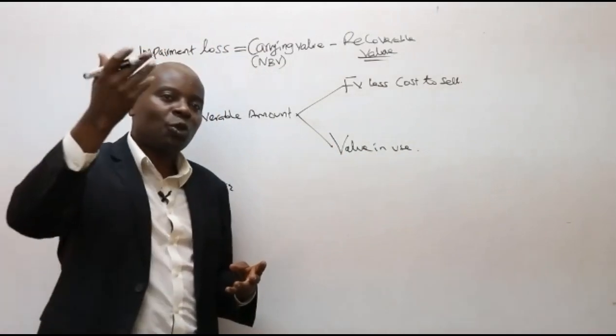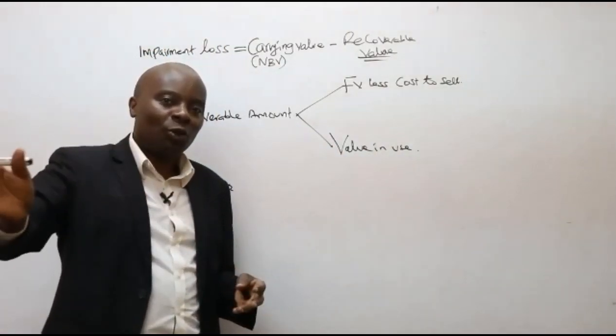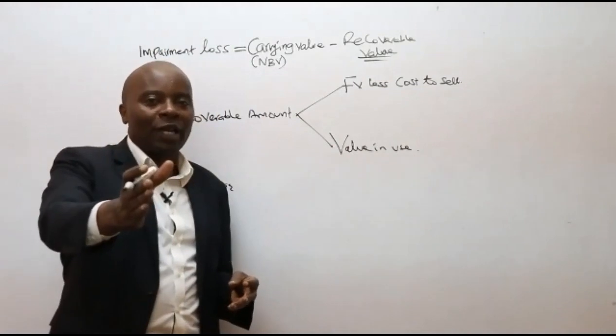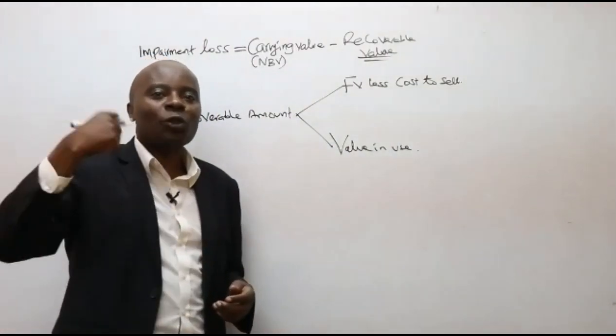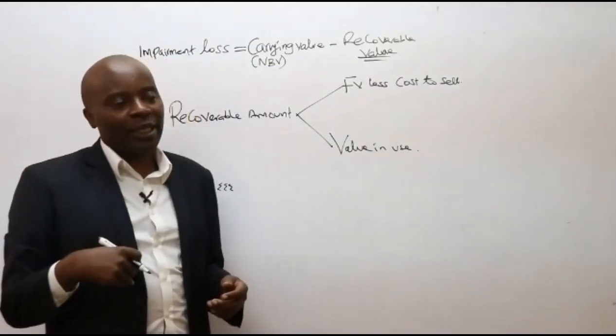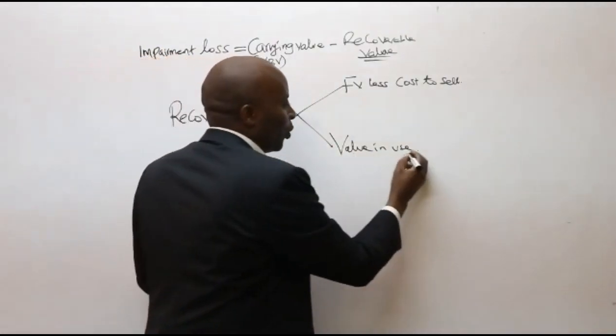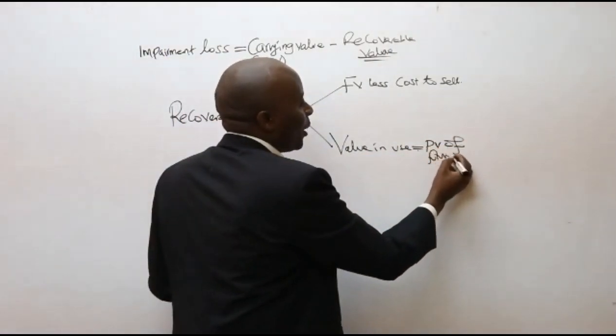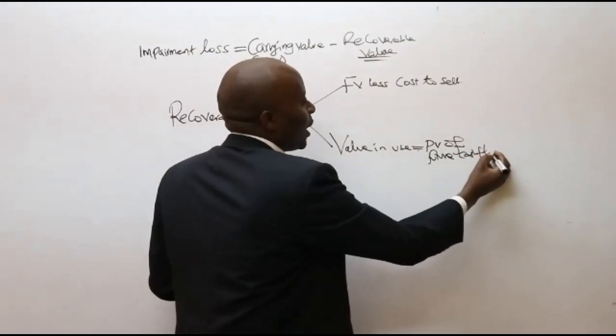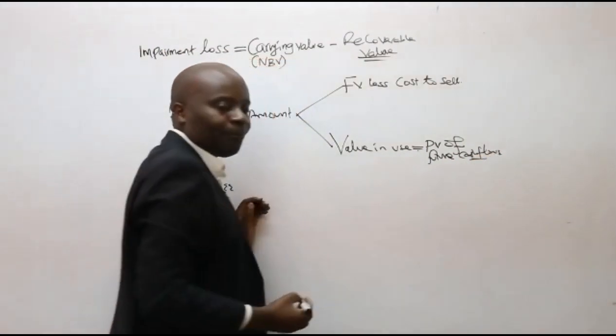What cash inflows do we have? We subtract cash outflows. And then, for those of you who did advanced financial management under Dr. Aura here, know that future cash flows must be discounted. So this value in use will always be equal to the present value of future cash flows. These future cash flows, remember, have to be net.